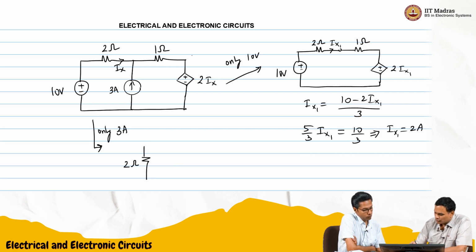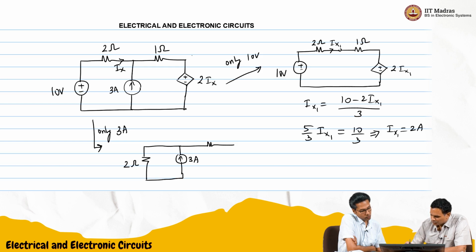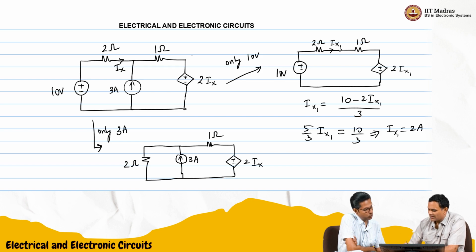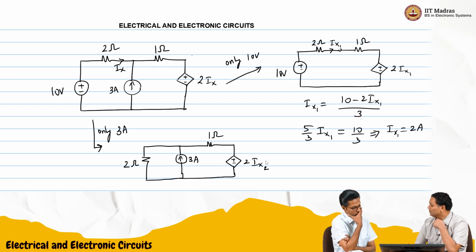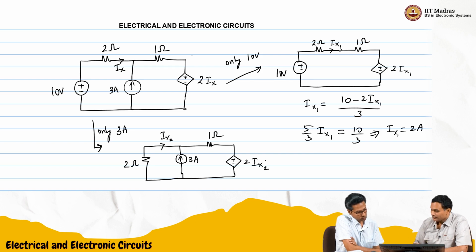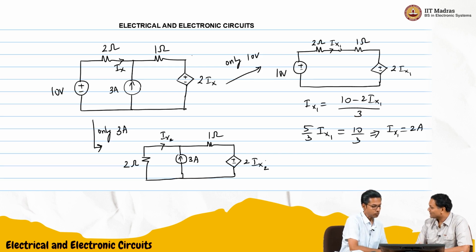So we have 2 ohms, we have the 3 amperes, 1 ohm, and the dependent source 2 times Ix2. Now Ix we have to mark. Now we have to be careful. We can't do source transformation here, because we'll lose Ix2. Ix2 will go internal.